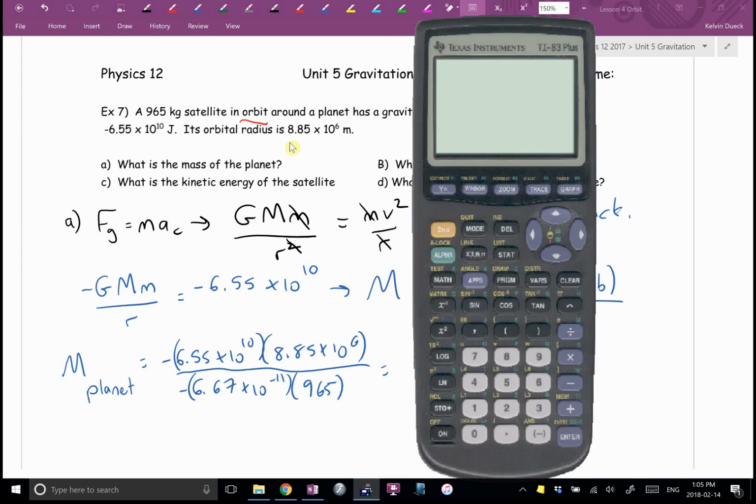I know they're going to cancel. 6.6555, times 10 to the 10th, times 8.85 times 10 to the 6th, divided by, and I'll put the bottom in brackets, 6.67 negative 11 times 965. Close off the bottom.